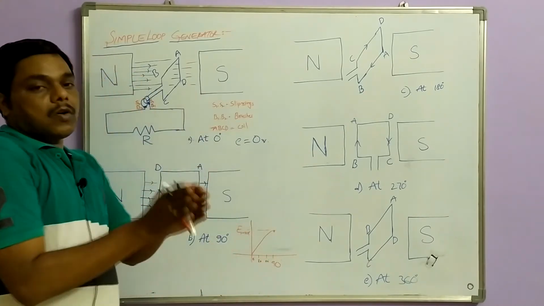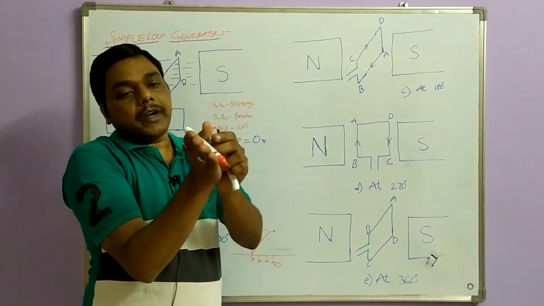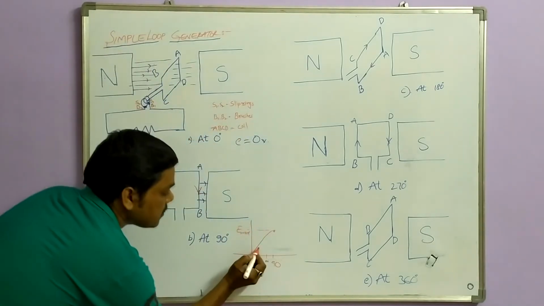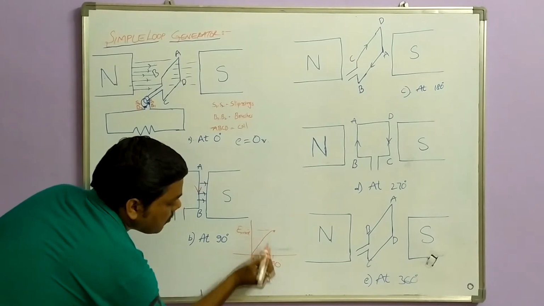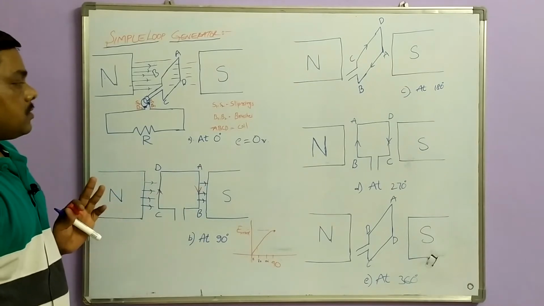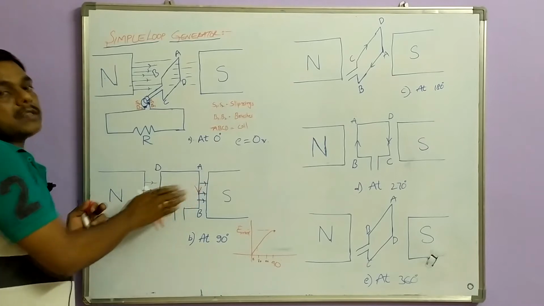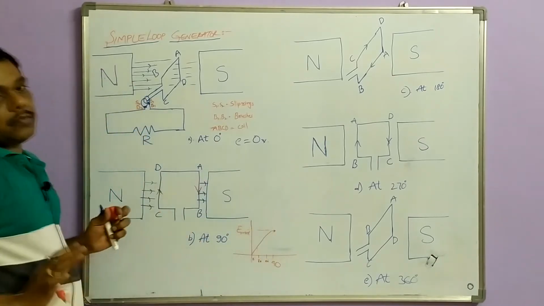Now initially your coil is in vertical position, now it is moving into 30 degrees, 60 degrees and 90 degrees. Now at 30 degrees there is a small EMF, at 60 degrees somewhat more EMF, and up to 90 degrees it reaches the maximum. That means at this position maximum flux is cut by this conductor, so you are getting a maximum EMF.